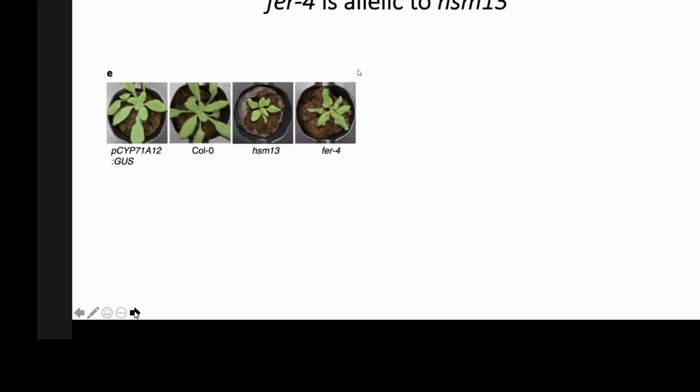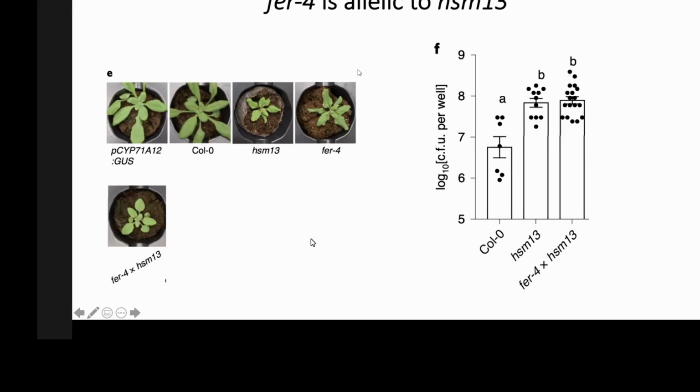And then they wanted to determine if this FAIR4 mutant was allelic to the HSM13. So they did a cross with FAIR4 and HSM13 and saw that they still got stunted growth. And then they also saw similar levels of this bacterium as with just the HSM13. And from that data, they concluded that FAIR4 is allelic to HSM13.